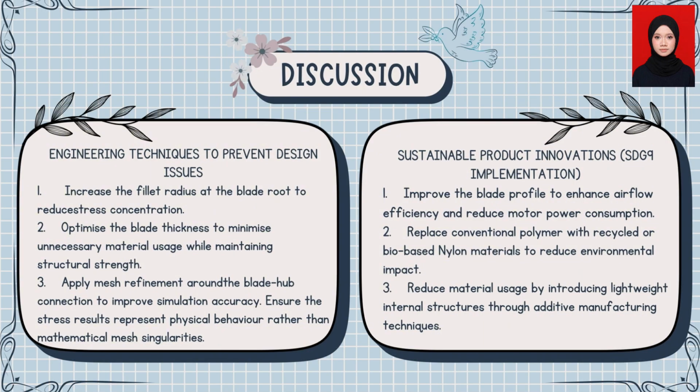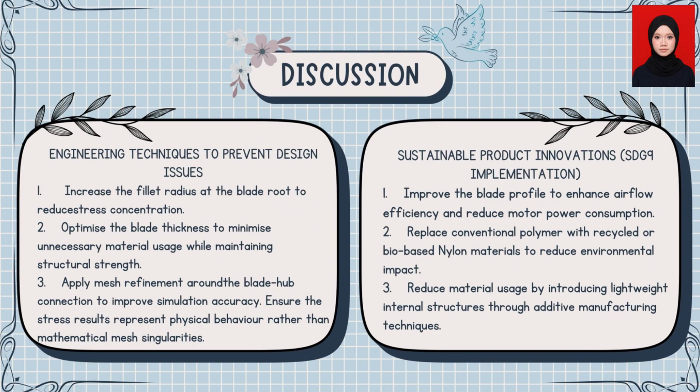Next, for the discussion, although the simulation showed that our design is already safe, there are still opportunities to improve it further. Since the highest stress is concentrated near the blade root, increasing the fillet radius can help distribute the stress more evenly and improve durability.